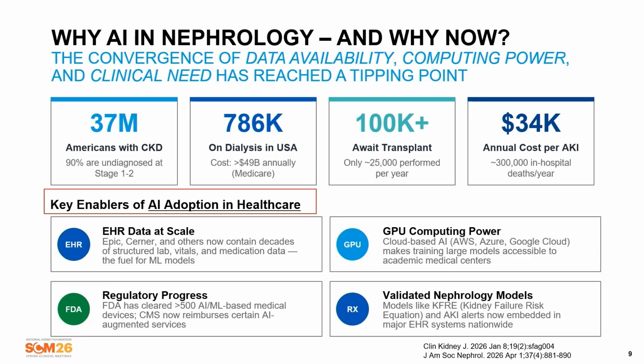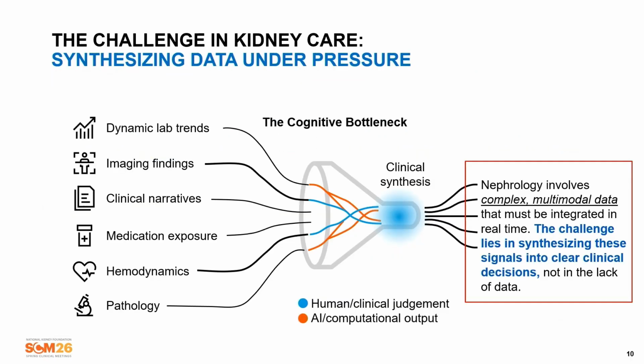So we really need AI to help with diagnosis and treatment to improve our patient care. This is also a great time because, as we already know, the electronic health record is well developed, right? We have a lot of data to process and very powerful computing ability. So now is the right time.